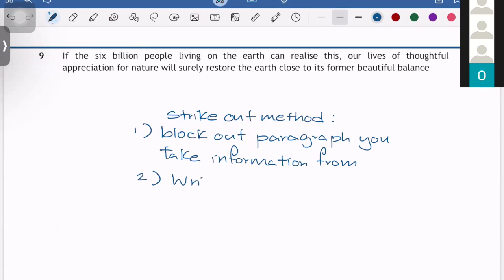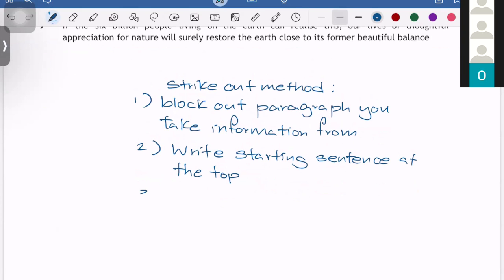Next, you write the starting sentence at the top. Next part is to locate the points and strike out irrelevant information.